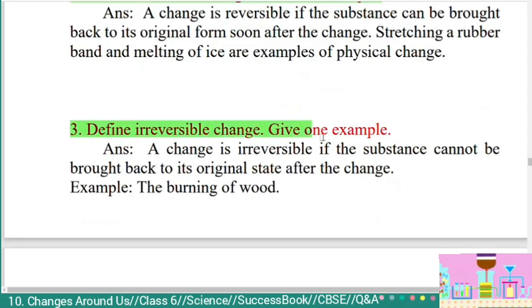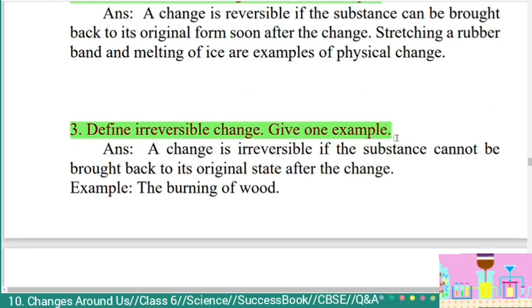Third question, define irreversible change and give one example. Answer, a change is irreversible if the substance cannot be brought back to its original state after the change. Example, the burning of wood.